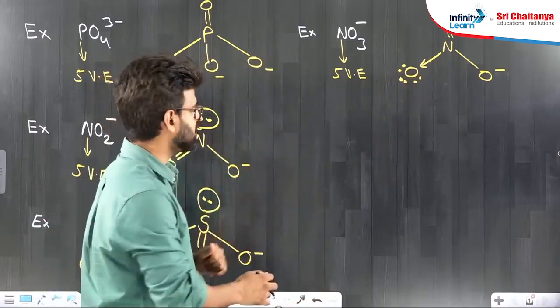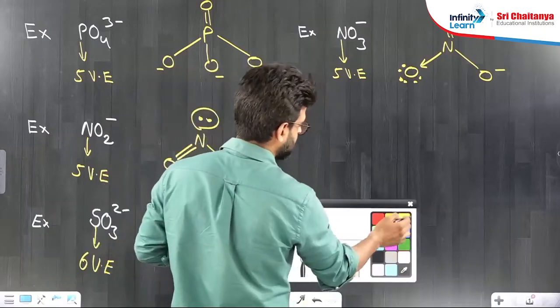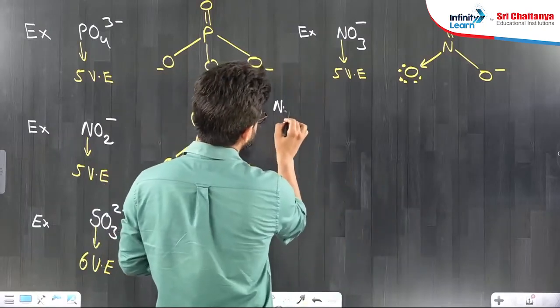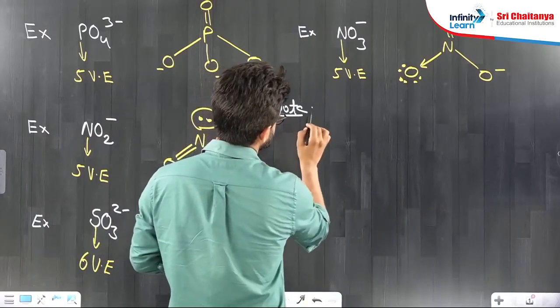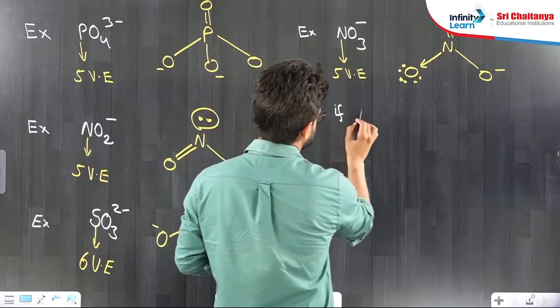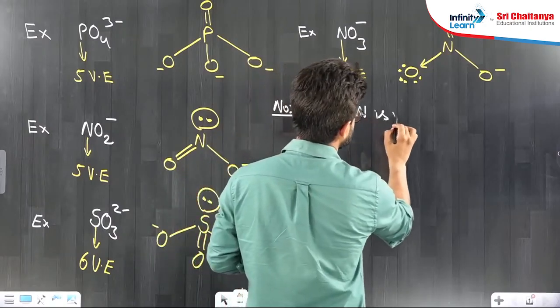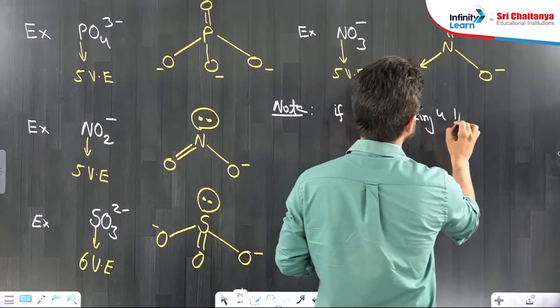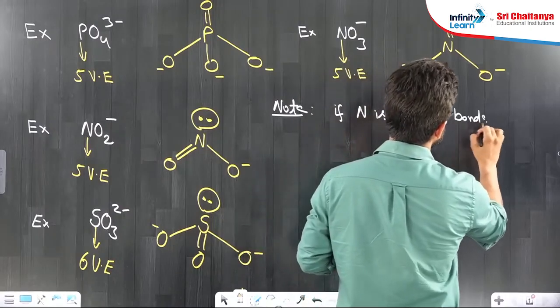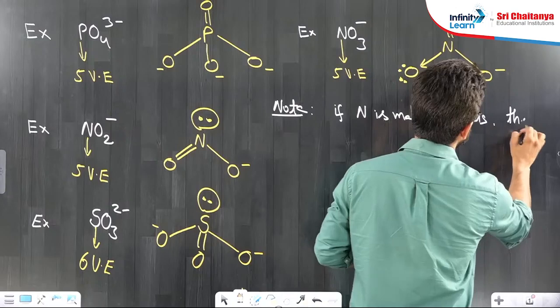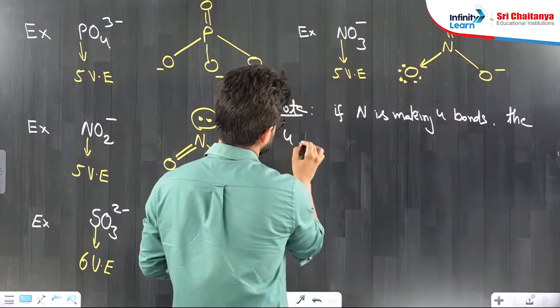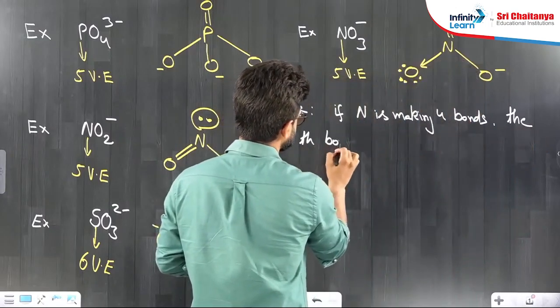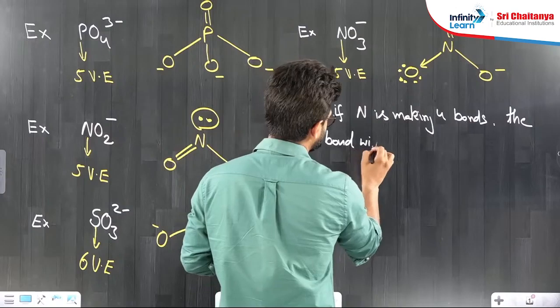Right? So one more thing we can learn from here, one more very important point. If nitrogen is making 4 bonds, the 4th bond will be a coordinate bond. The 4th bond will be a dative bond.